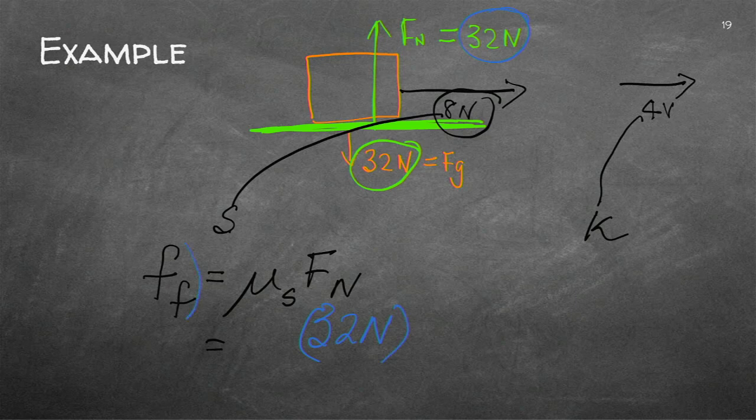And I've got the friction because they are pulling it with 8 newtons. What will the static coefficient be? So you can calculate that, and I got 0.25. Remember, no unit. It is a relationship of 8 over 32, as we showed you in the graph.